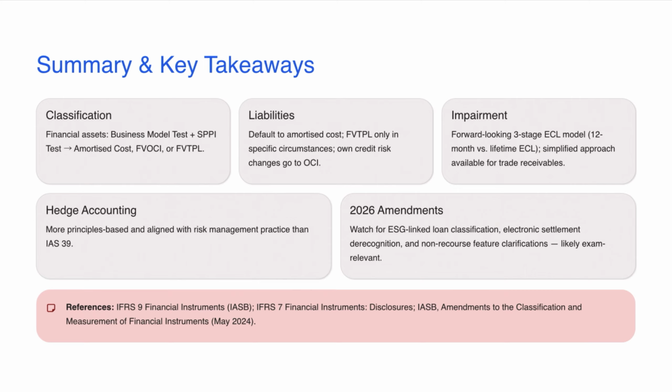For hedge accounting, think fair value hedge, cash flow hedge, net investment hedge. And finally, keep the 2026 amendments in mind when studying the current requirements. If you can follow that structure, IFRS 9 becomes much less intimidating.